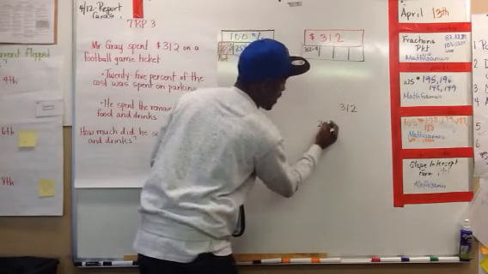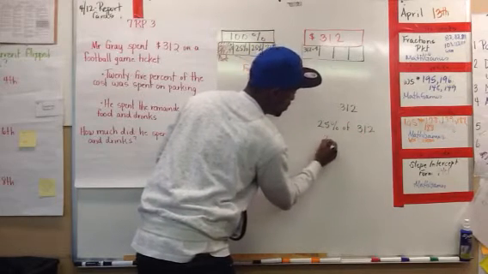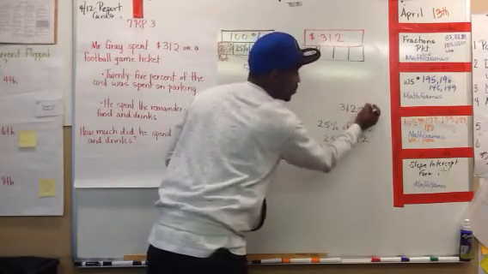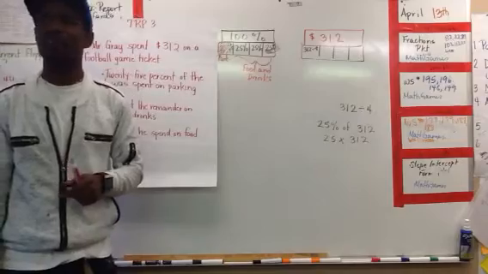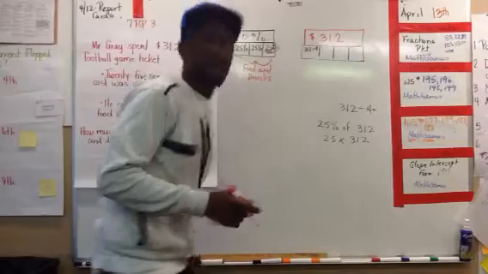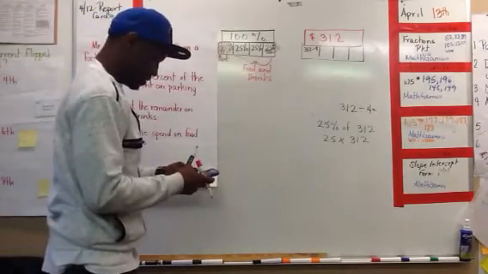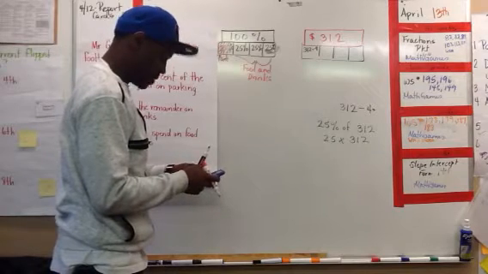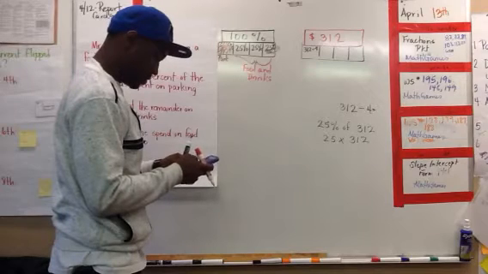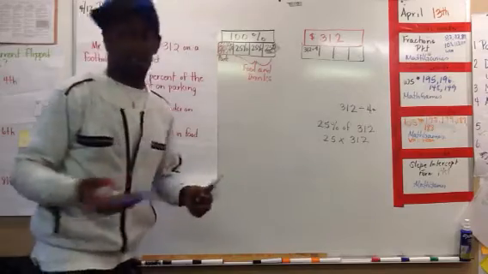Or I can do 25% of 312, 0.25 times 312. But that's the same as doing 312 divided by 4. It's the same thing. I guarantee you. When I punch that in my handy dandy calculator, save time, I'm going to do it. 312 divided by 4. 78.